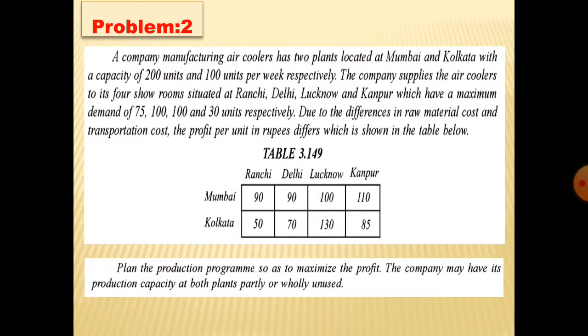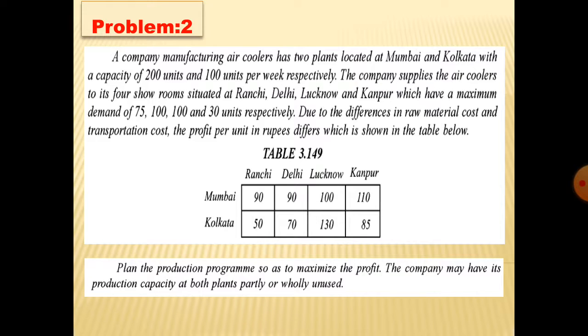Okay, problem 2. A company manufacturing air coolers has 2 plants located at Mumbai and Calcutta with the capacity of 200 units and 100 units per week respectively.